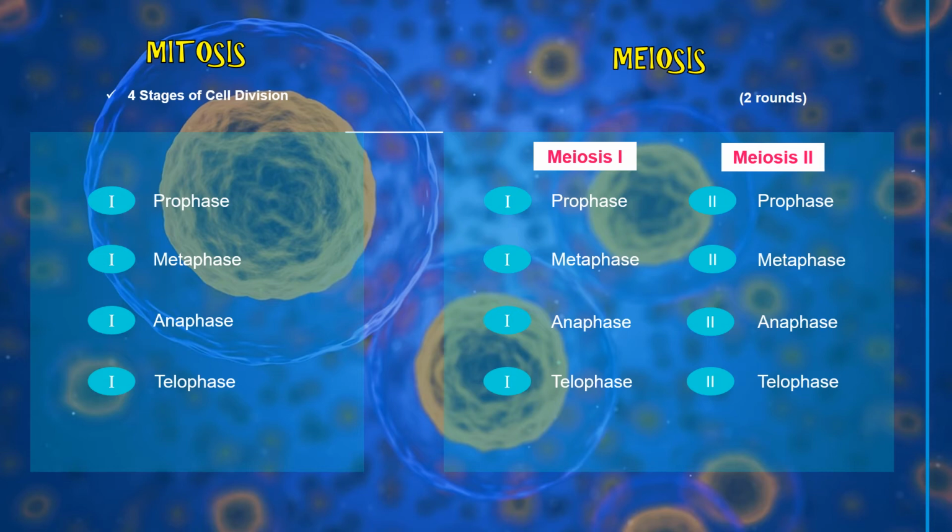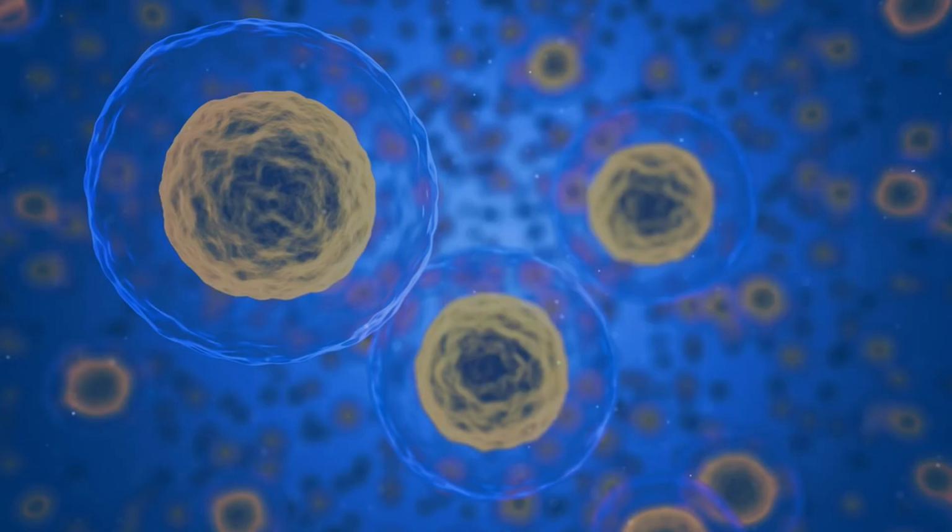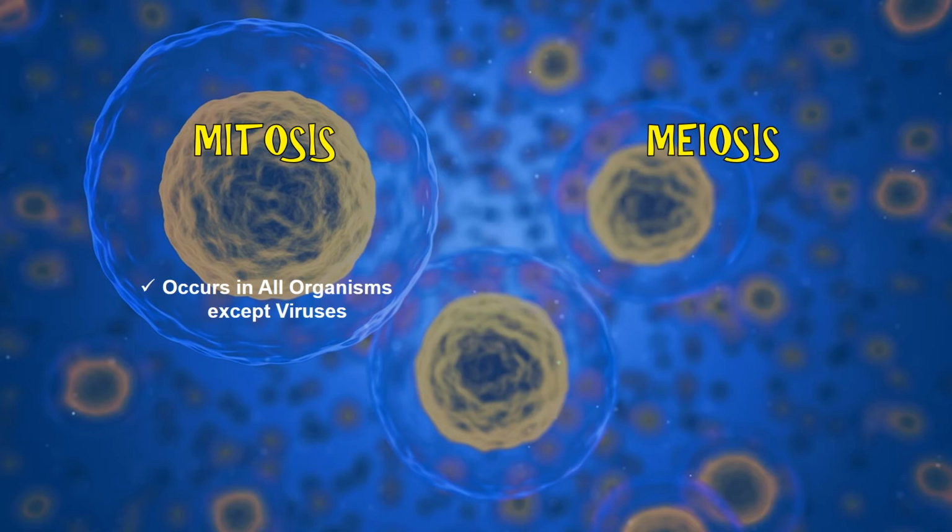Therefore, it consists of 8 stages of cell division. Now moving on to the next difference. Mitosis occurs in all organisms except viruses, while meiosis occurs in plants and fungi, as well as animals.